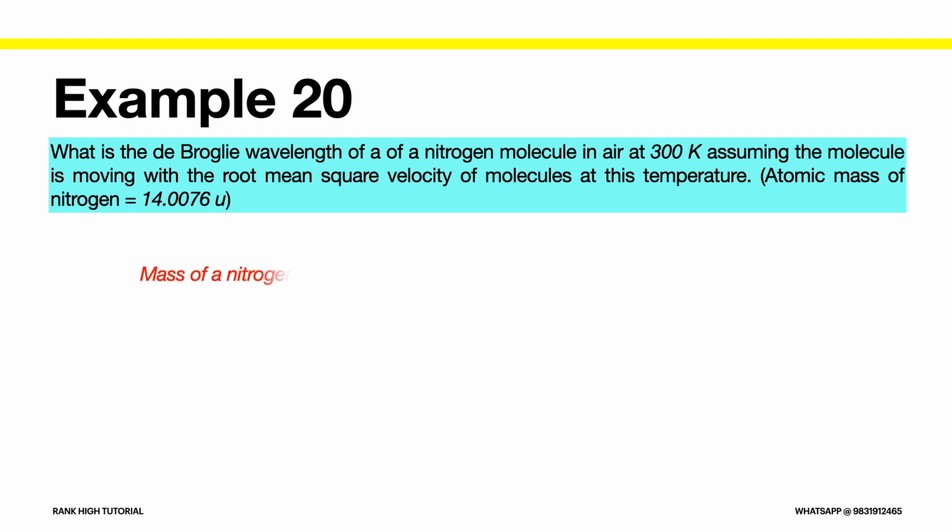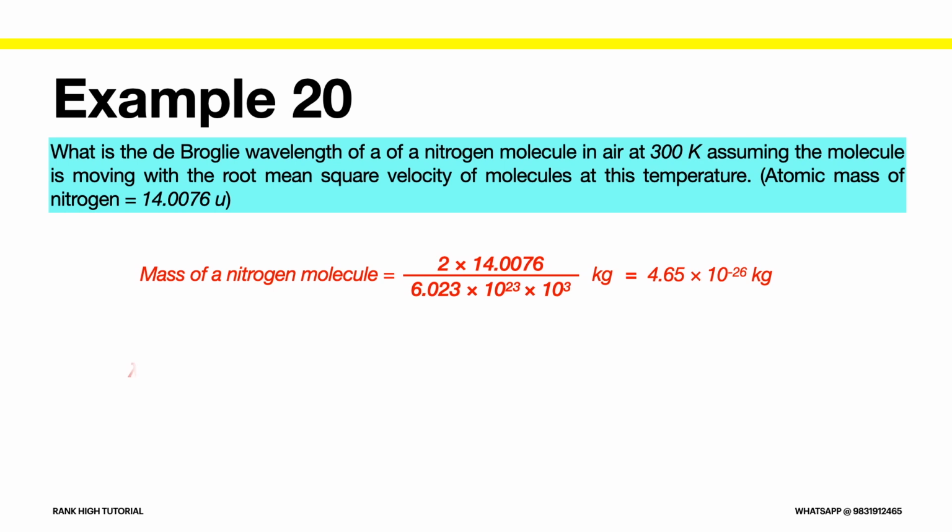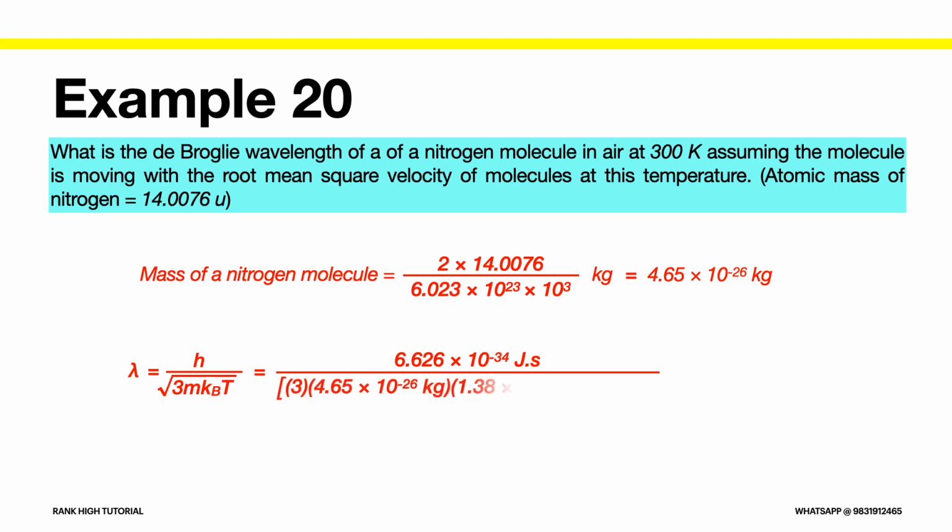Given that the atomic mass of nitrogen equals 14.0076 u, the mass of a nitrogen molecule equals 2 into 14.0076 divided by 6.023 into 10 to the power 23 into 10 to the power 3 kg, that is equal to 4.65 into 10 to the power minus 26 kg. If we put this value into the de Broglie relation, we get lambda equals h by square root of 3m kB T, equal to 0.275 into 10 to the power minus 10 meter.